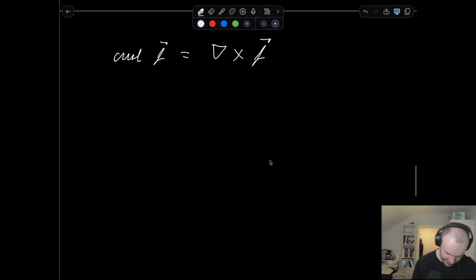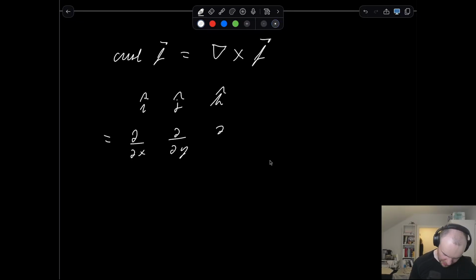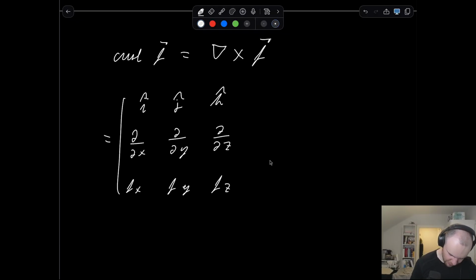Remember that this is the same as i hat, j hat, k hat, and then of course I would have partial in terms of x, partial in terms of y, partial in terms of z, and then f, the x component, f, the y component, f, the z component, like that.